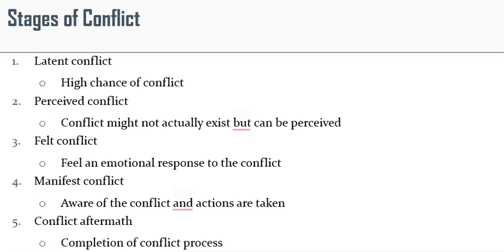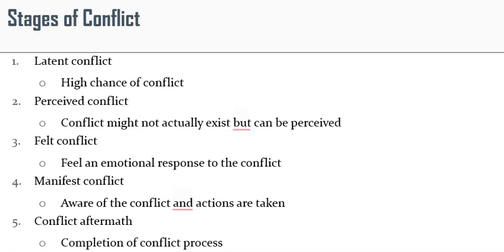The next step, which is step number 4, is manifest conflict. The parties involved are aware of the conflict and action is taken. Actions at this stage can be positive and strive towards conflict resolution, or they can be negative and include debating, competing, or withdrawal of one or more of the parties from the situation.